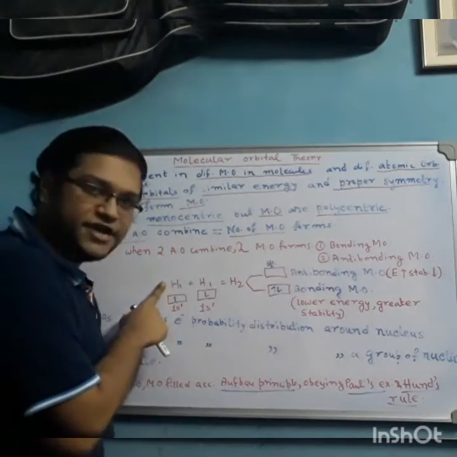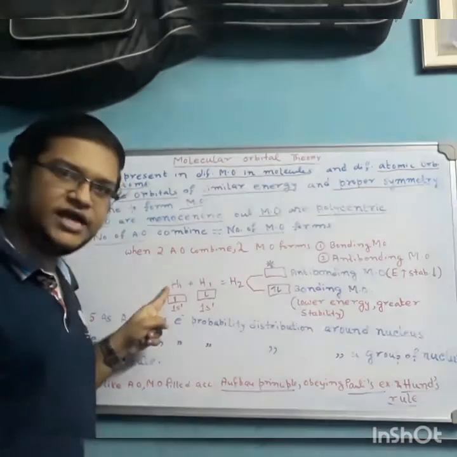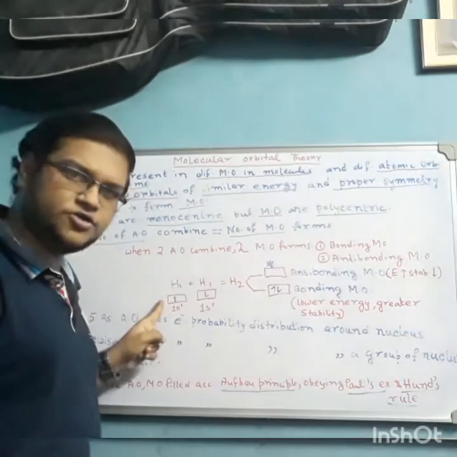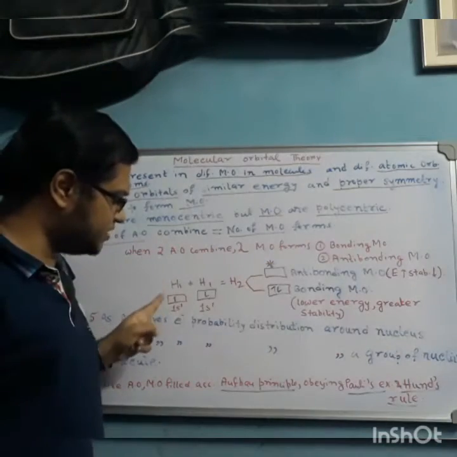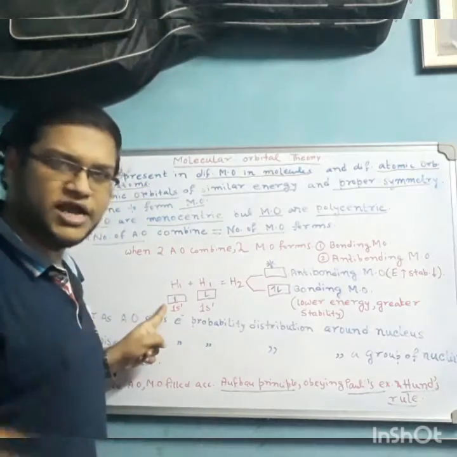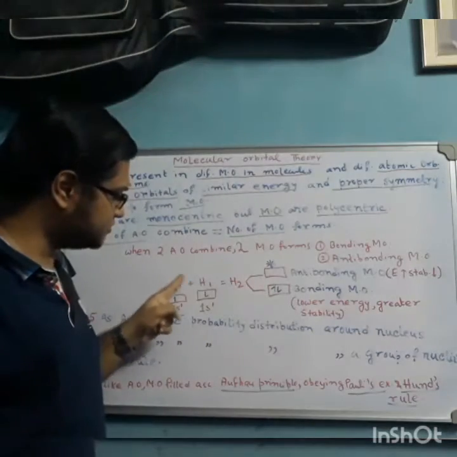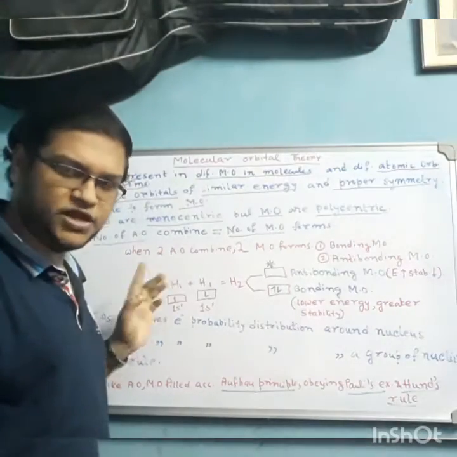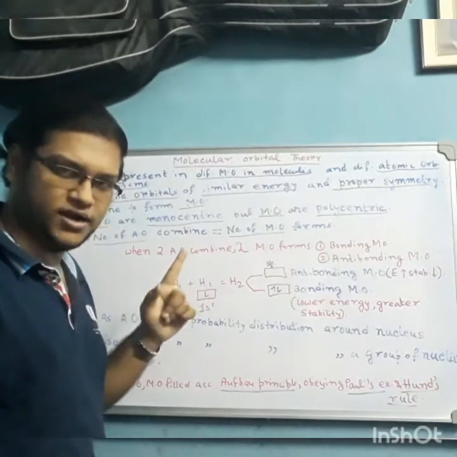This is a hydrogen atom. It has one electron, so its electronic configuration is 1s1. That means the one electron of this hydrogen is present within only one atomic orbital, that is 1s.